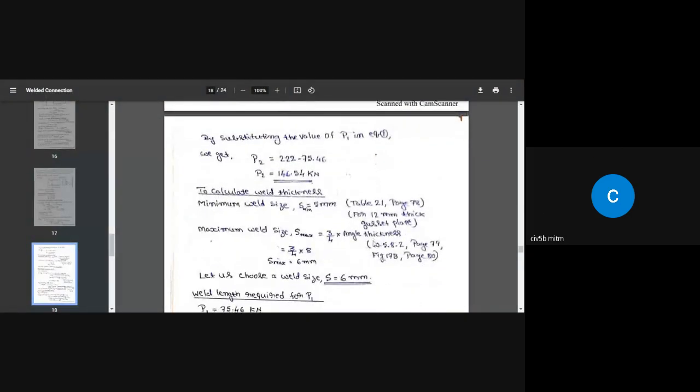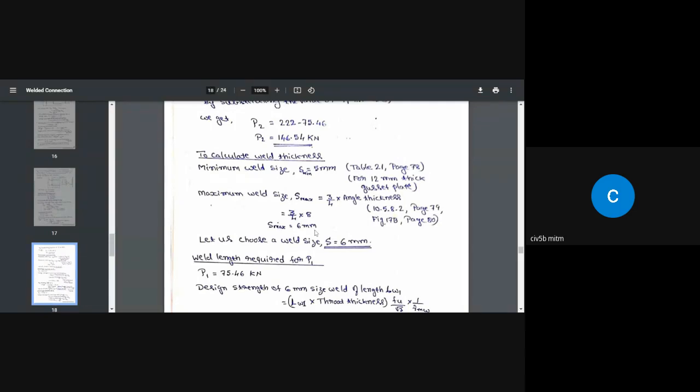Going back to the table, see thickness of the thicker plate, that is our 12 millimeter, falls between 10 millimeter and 20 millimeter. The first line is 0 to 10. The second line is over 10 millimeter and up to less than or equal to 20 millimeter. So what is the thickness of the thicker plate in our case? 12 millimeter.